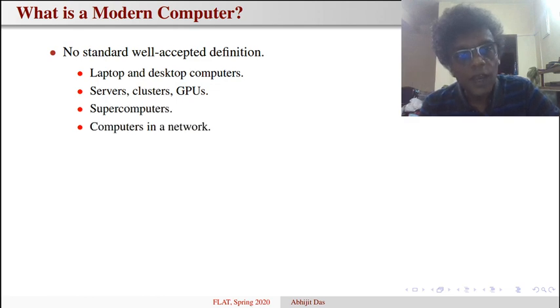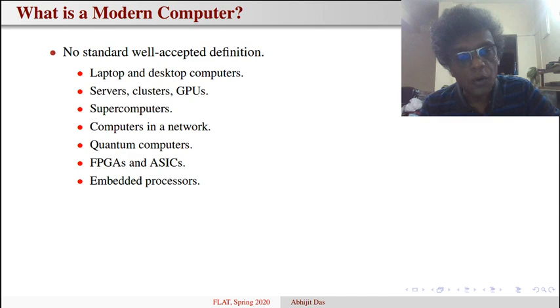And if you add computer networks, all computers connected to a network may be considered as a huge computing device. And recently, there is some progress in the development of quantum computers, which are not quite like our classical computers. And there are other flavors also, like field programmable gate arrays, FPGAs, application-specific integrated circuits, ASICs, and so on.